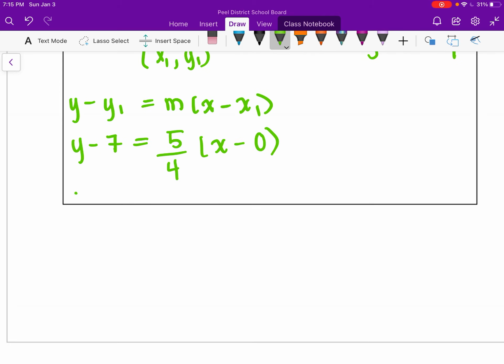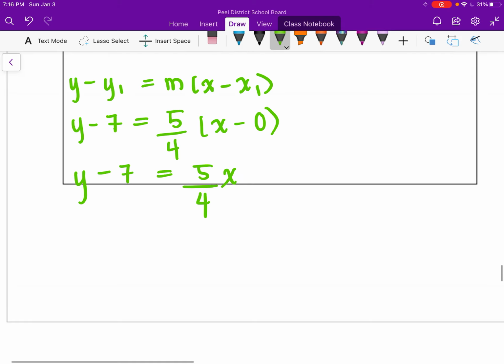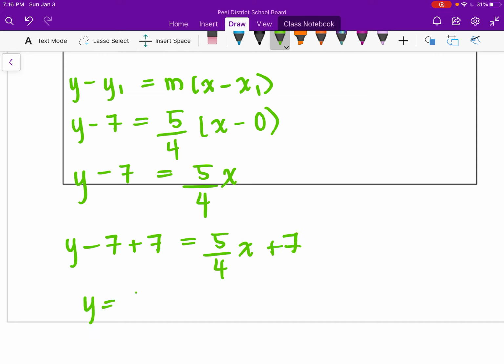So x minus 0 is just x. So we're just going to leave that as 5 over 4 x. Right? And we want to get rid of the 7, so I'm going to do y minus 7 plus 7 equals 5 over 4x plus 7. Y equals 5 over 4x plus 7.